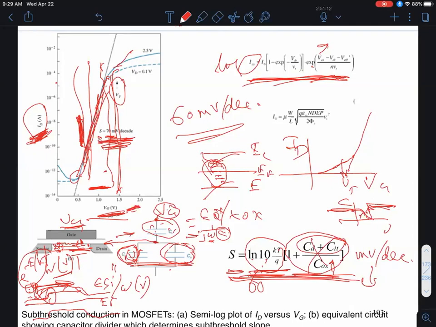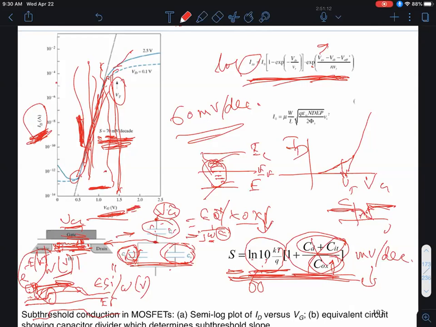To make the transistor perform better and better, the best that you can do is to make your oxide capacitance as large as possible, which means you make the oxide thickness as thin as possible, okay? Which kind of makes sense, which means that the gate has very good control over the channel potential. But as I make my oxide thickness thinner and thinner, what technological problem did you face?